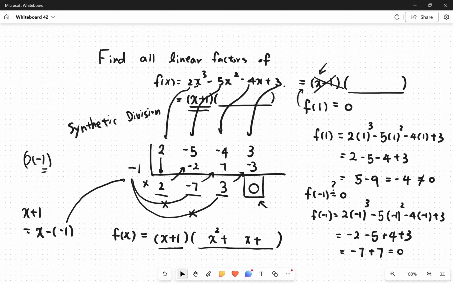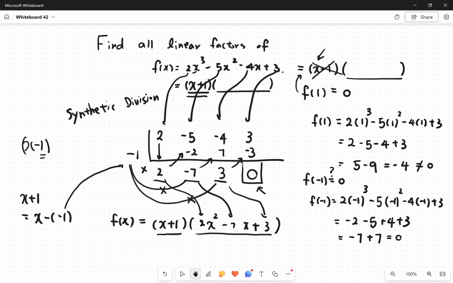Those three numbers we already found here: 2, negative 7, 3. So as you can see, this is the way we can figure out the quadratic function if a cubic polynomial is divided by a linear factor.